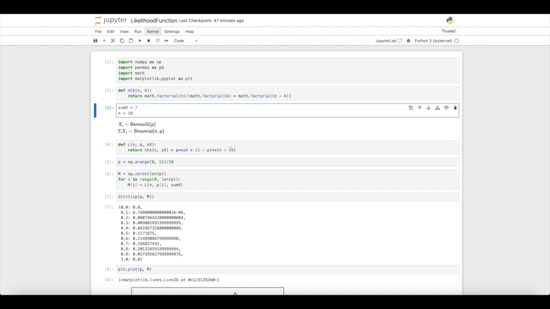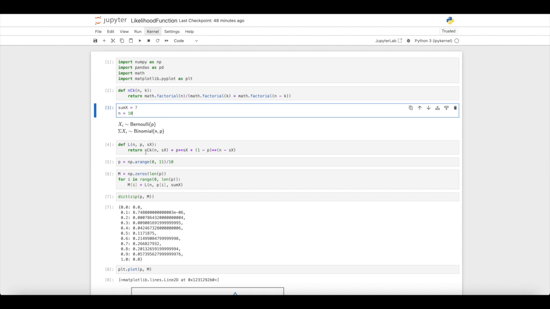Using that, we can define the likelihood function of n, p. We are given n and the sum of x, and we are finding it with p, so likelihood is basically a function of p.